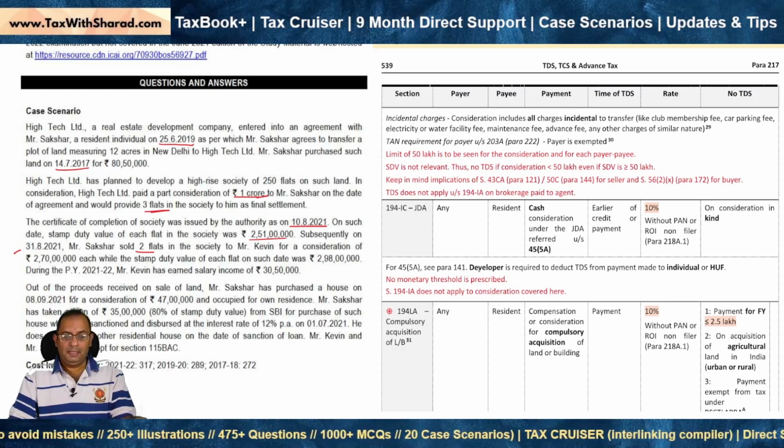The question further states, out of the proceeds received on sale of land, so basically what is being referred to is the cash consideration of 1 crore. So out of the proceeds received on sale of land, Mr. Sakshar has purchased a house on 8 September 2021 for a consideration of 47 lakh and occupied for own residence, self-occupied property. Mr. Sakshar has taken a loan of 35 lakh, 80% of stamp duty value.